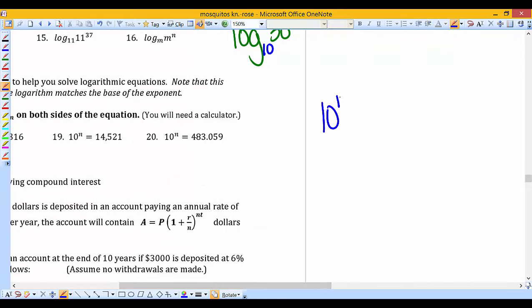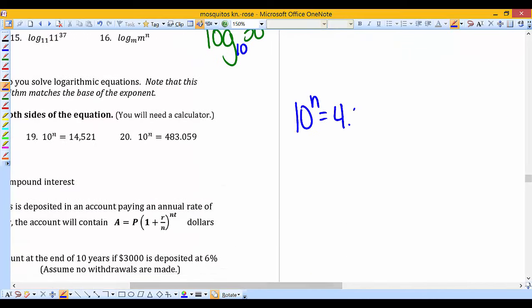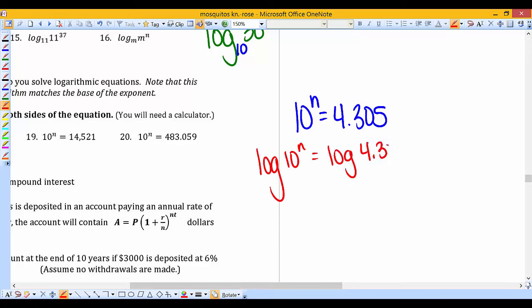So I have 10 to the n equals 4.305. So when it says that I can log both sides, I literally just put a log to both sides. What you do to one side, you have to do to the other. Now, the power property, there are two parts to the power property.